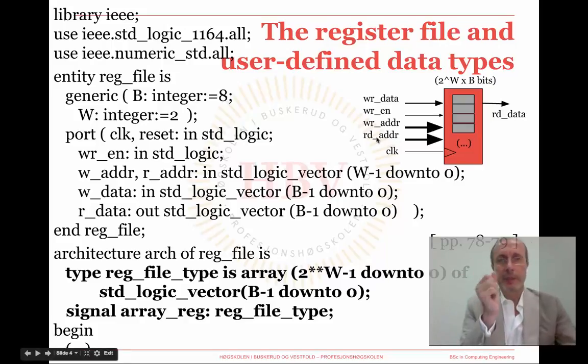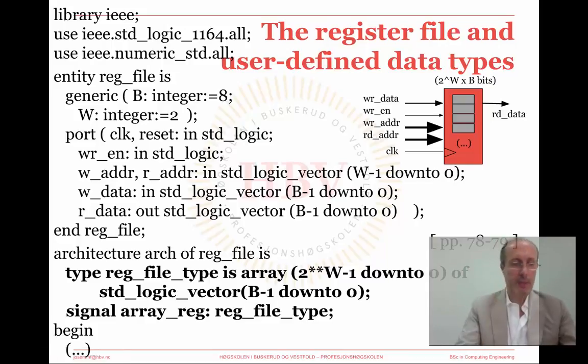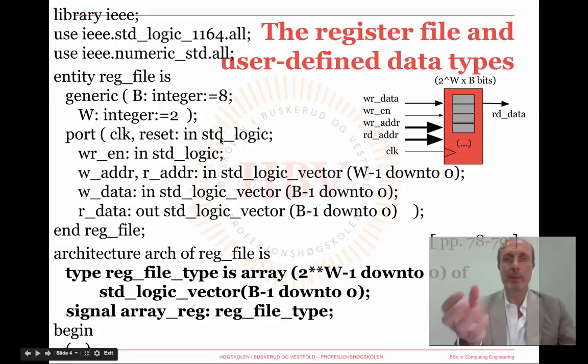Now, there are two things that are particularly worth mentioning in this description. The first one is the generic declaration inside the entity description, which facilitates the modification of the code when we want to design register files with a different number of registers or with a different number of bits per register.